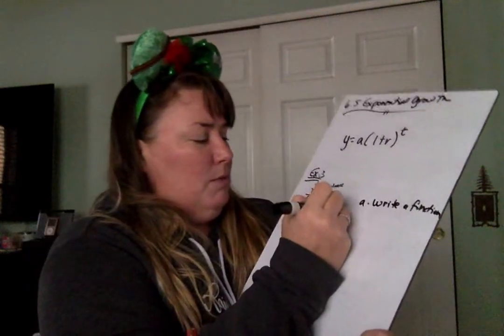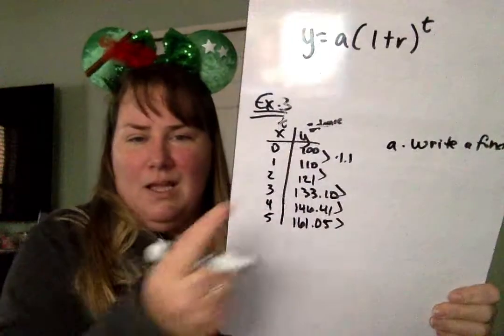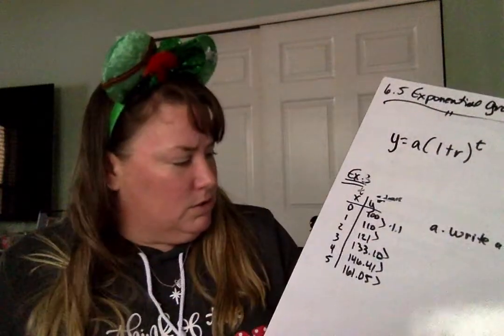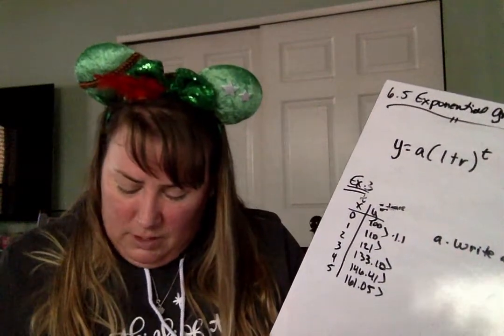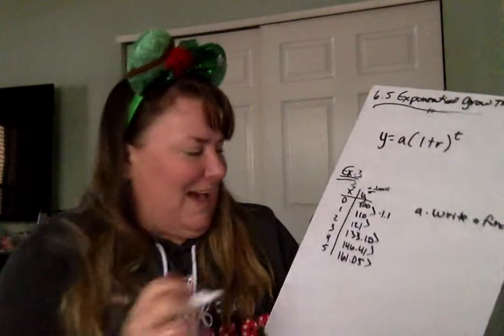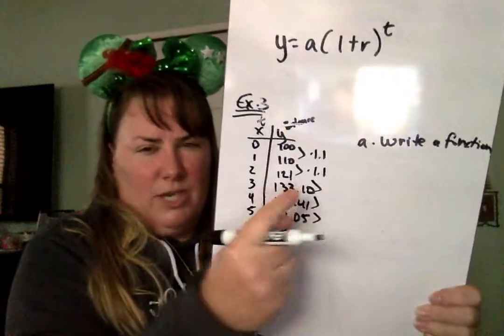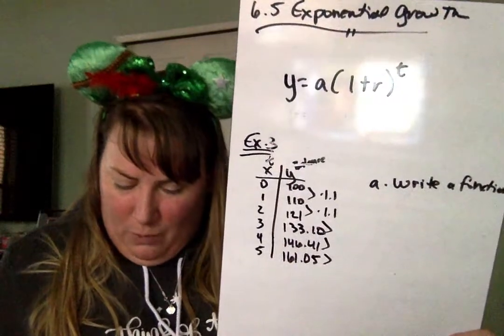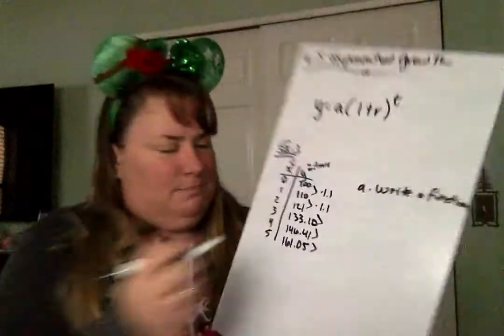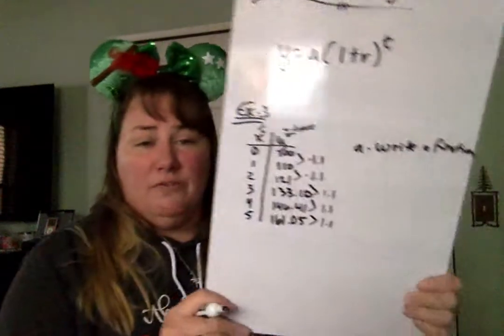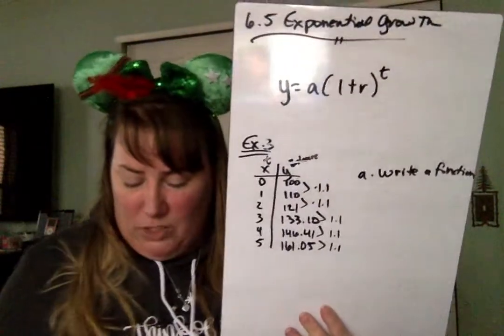So this is being multiplied by 1.1. Let's see if that works for 110 to 121. So 110 times 1.1. Aha! It is 1.1. Let's just double check. So 121 times 1.1. Yep. So now we have figured out the factor at which it's changing.